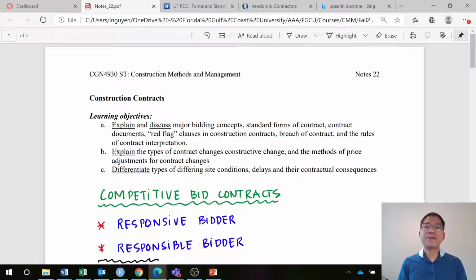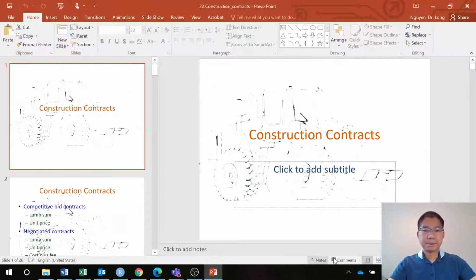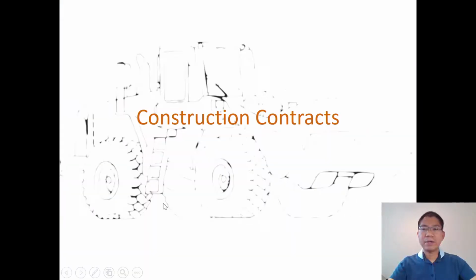Differentiate types of differing site conditions, delays, and their contractual consequences. So let's talk about objective A, and go to the slides that you have here.